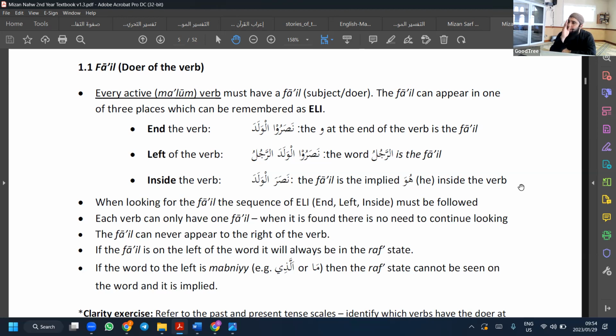So only Ahmad will be the fa'il. Only Ahmad. What will Zaid be then? We call him something else. We'll call it the ma'tuf, an adjunct. But we'll cover that when we get to that lesson. The rule is only one fa'il.